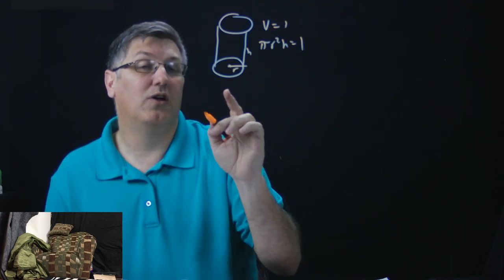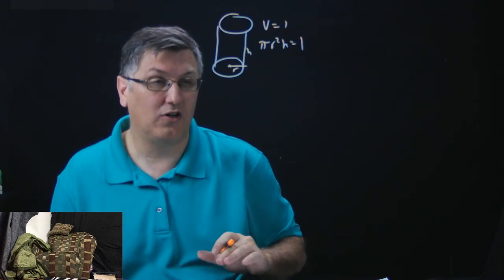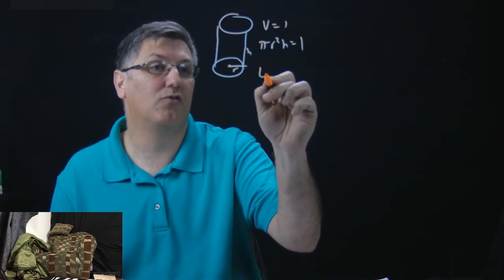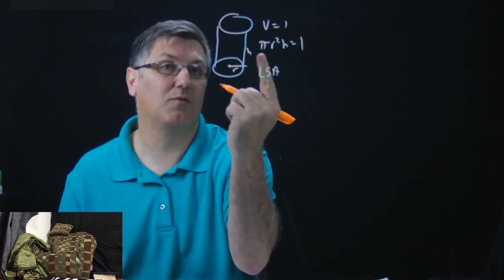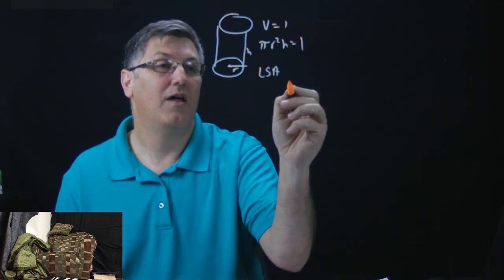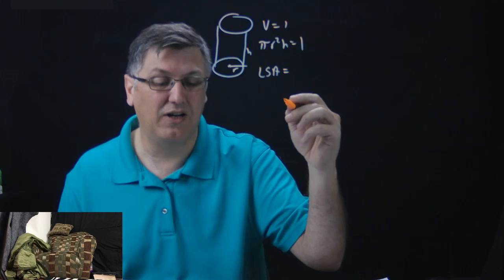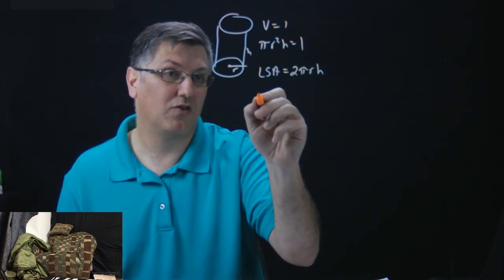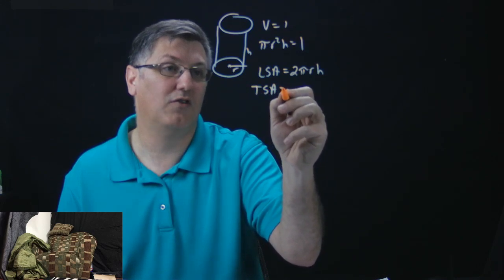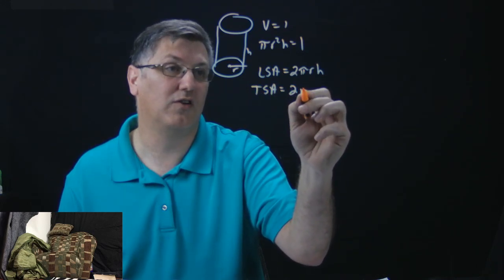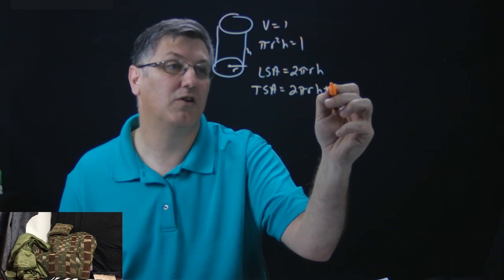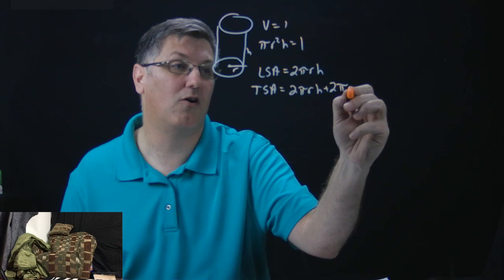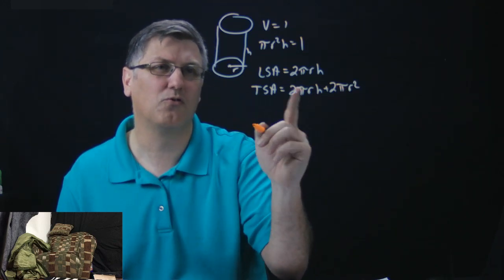Then he's told he has to minimize the cost of this, and he is told that the lateral surface area is the part that goes around this way, is 2 pi rh. So that means my total surface area of this barrel is going to be my lateral surface area, 2 pi rh, plus 2 times the area of the bases, which is just pi r squared. So it's the total surface area.